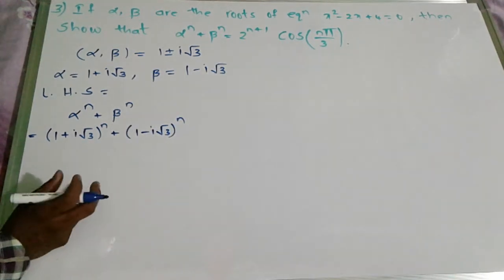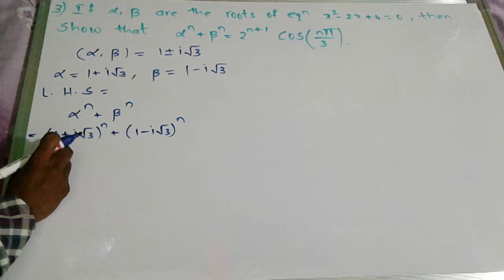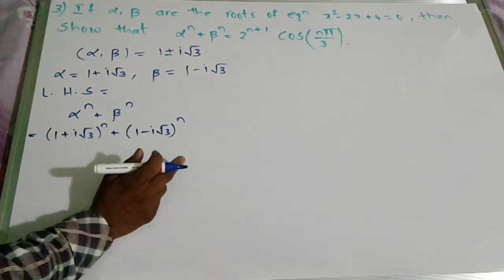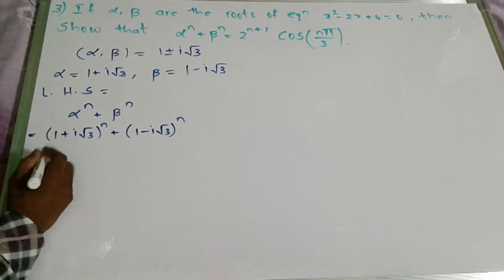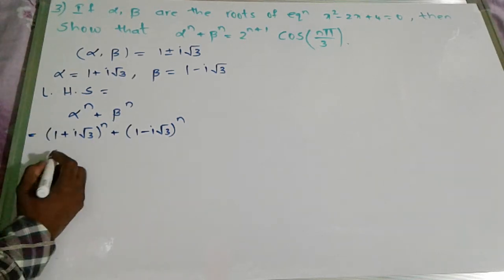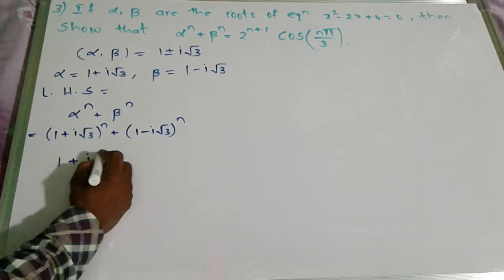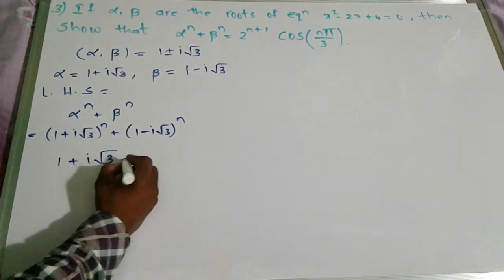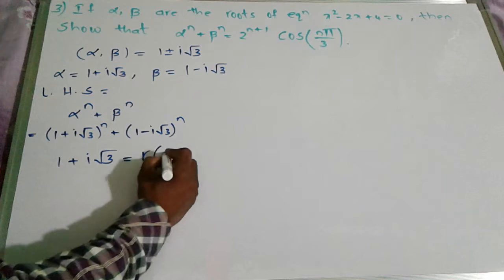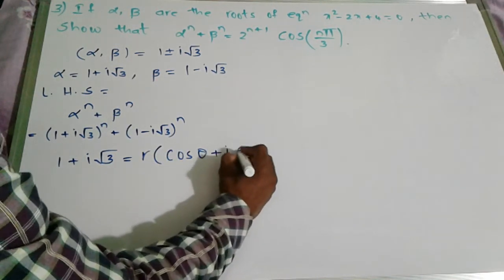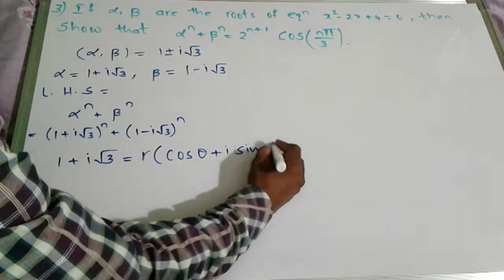And we have to write the polar form of 1 plus i root 3 and 1 minus i root 3. And the polar form of 1 plus i root 3: 1 plus i root 3 equals r of cos theta plus i sin theta, right?